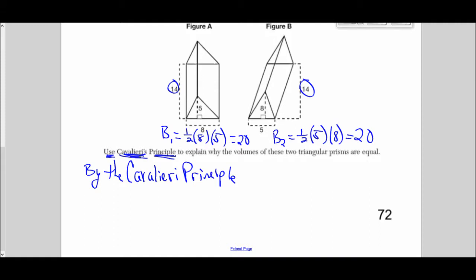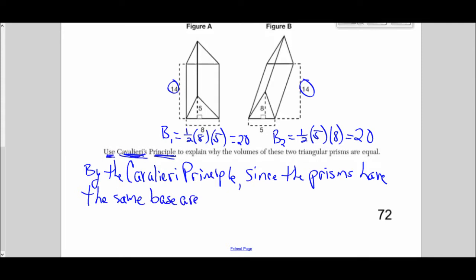The prisms have the same base area and height, or since the prisms have the same base area and heights, their volumes are equal.